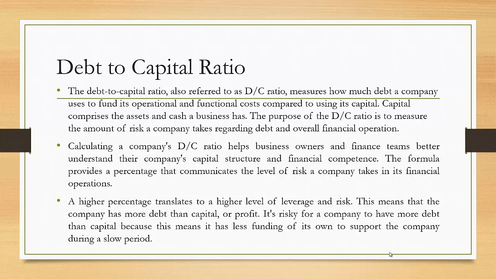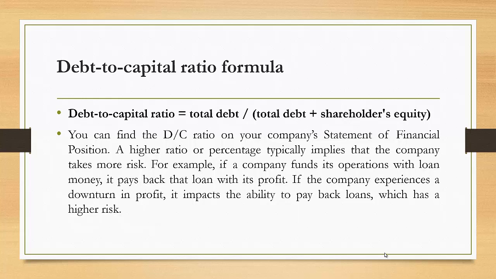But when we check this ratio, we need to see so many other factors. Those factors, as of now, I am not discussing, just to keep my discussion simple. As you can see, the debt to capital ratio formula is total debt divided by total debt plus shareholders equity.